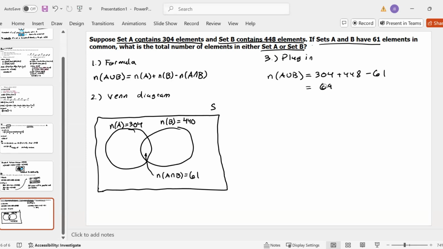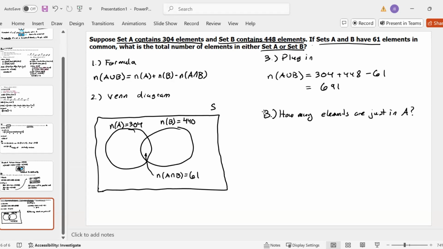Okay. And that's it. So you might think, is the Venn diagram necessary? No, in this case, it's actually not. But there are problems where maybe I want to know how many elements are just in A, right? So this is like a follow-up question, B: how many elements are just in A?